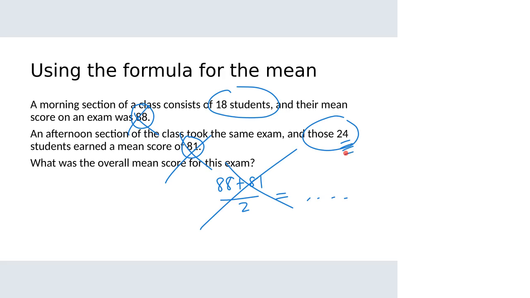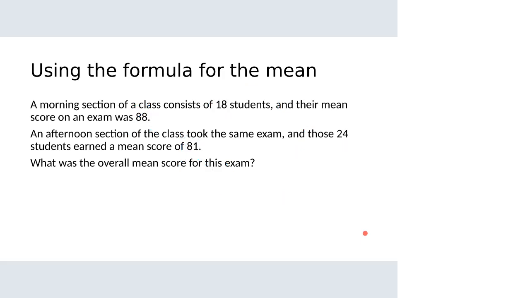So because the afternoon class has more students in it, we need to make sure we take that into consideration when we calculate the overall mean. So what we're going to do with this one is put a frequency table to work for us. We are going to have the test score on one side and the frequency on the other.